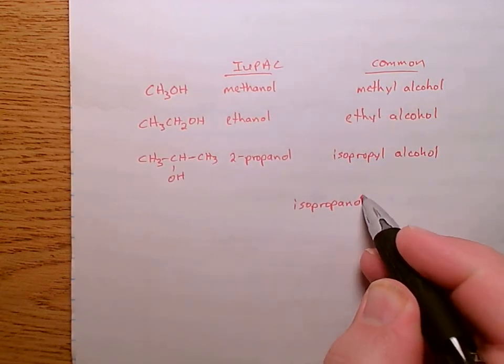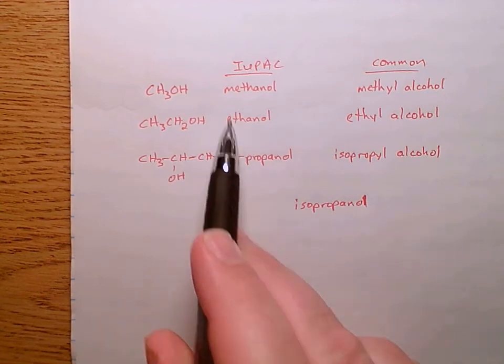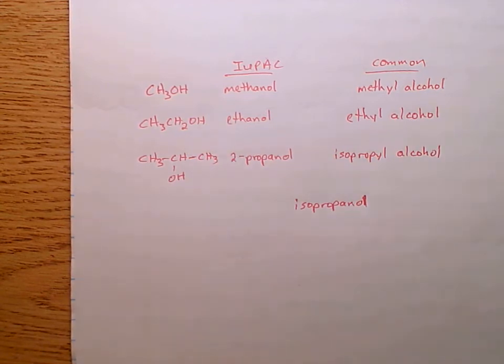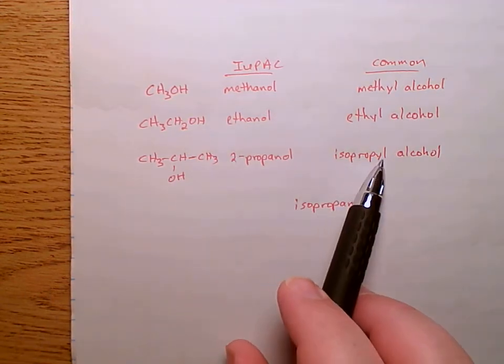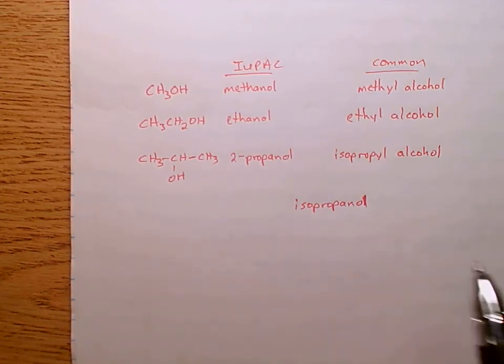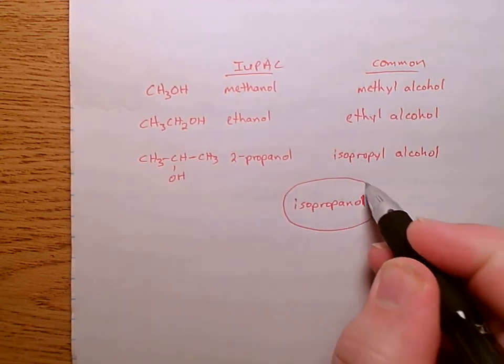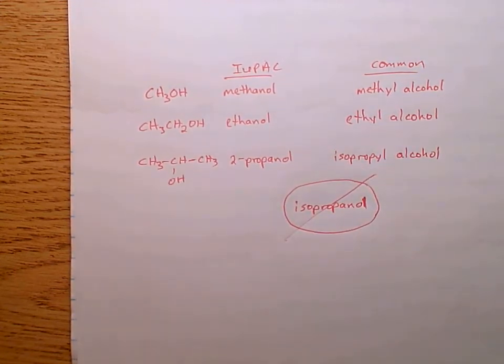So this actually isn't a word that comes from any system. It's not IUPAC, it's not common. It's like you took IUPAC and common and put them together in a blender and scrambled it, and this is what came out. So do not use isopropanol. Even though everyone knows what you're talking about, if you say, oh, that's isopropanol, it's not good because it's not a real name.